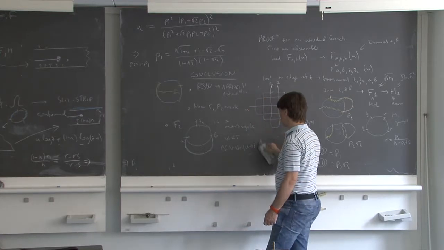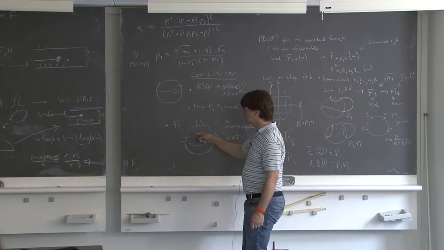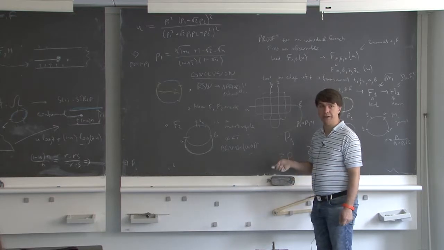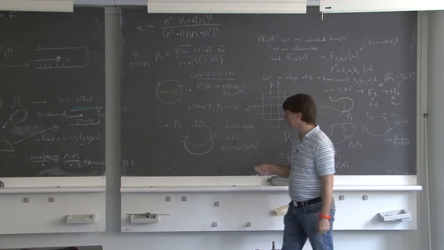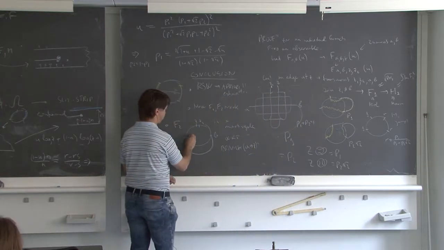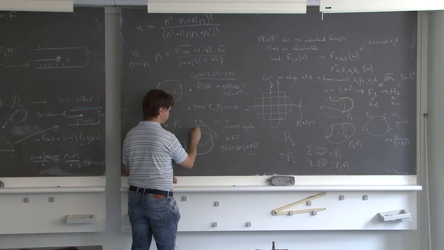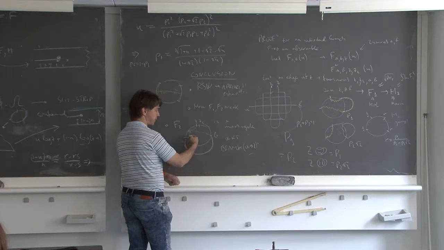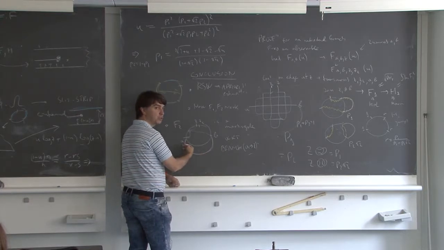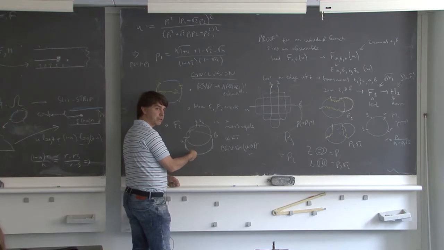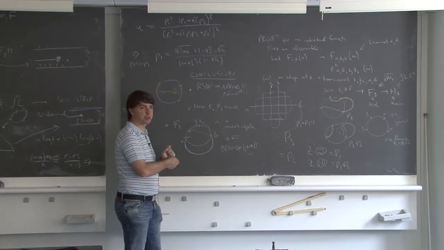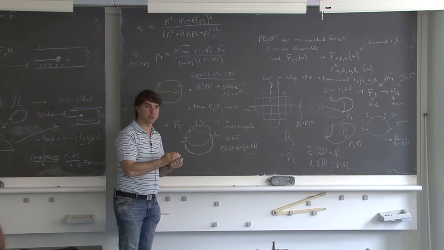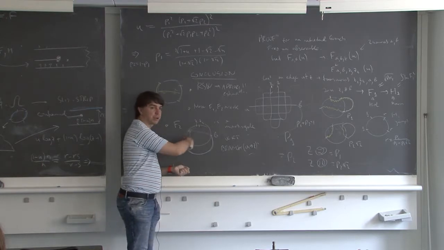And the reason is that as long as you don't jump cycles, it's a martingale as usual. But each time you jump a cycle, for example from a cycle to another cycle, at this point you basically erase the cycle which goes through A and B. And you lose a factor of square root of 2. And it turns out to be exactly what you need to do if you explore the branch: each time you jump a cycle, with scissors you cut one cycle, so you should lose square root of 2. And this is done by these boundary conditions.